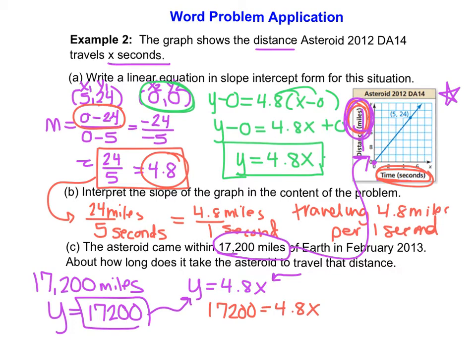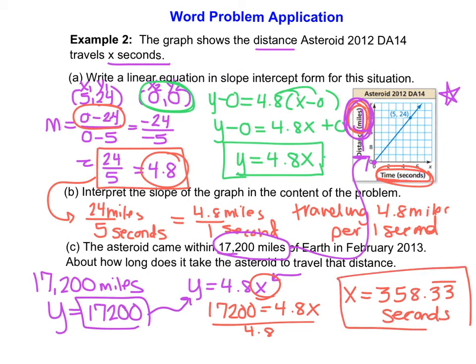And then we need to solve for x, and we're multiplying x by 4.8, so we're going to take 17,200 and divide it by 4.8. So we divide 4.8 on each side, and we find that x is equal to approximately 358.33 repeating seconds. So we find that it would take approximately 358.33 repeating seconds to travel that 17,200 miles.